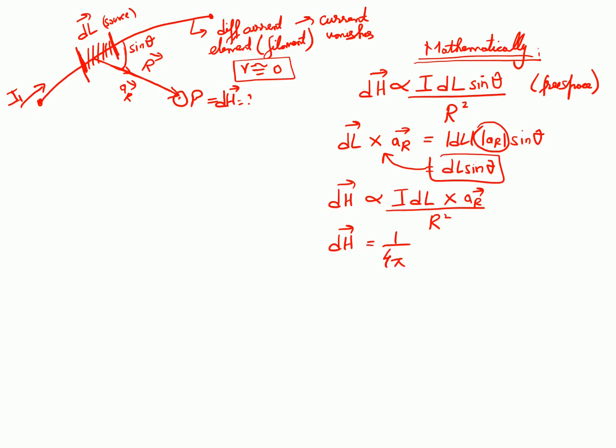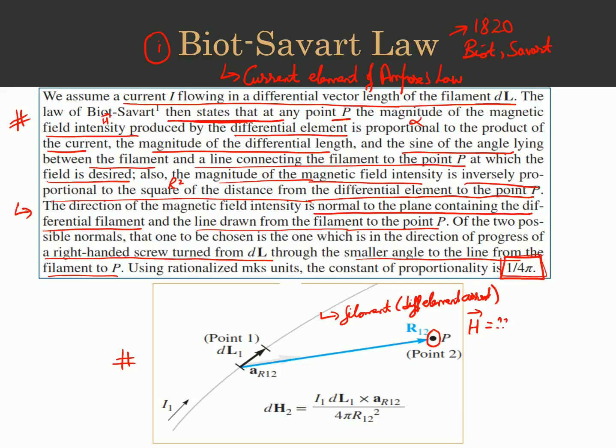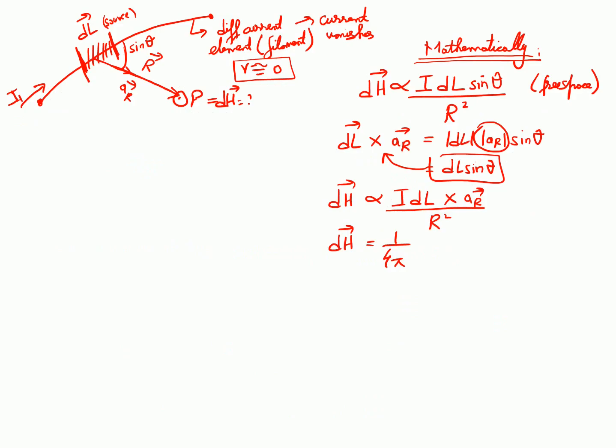So this is the last element discussed in the definition, that constant of proportionality is 1 by 4 pi, and because normally in free space we are taking the sphere as a coordinate system, it also represents the sphere. So dH is 1 by 4 pi, I dL cross the unit vector aR, divided by R squared. So this is the complete or simplified expression of how to find the magnetic field intensity outside the conductor, where in this case the magnetic field is found at point P and the unit is amperes per meter. So this is the equation that we have.